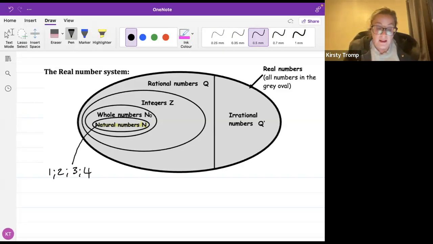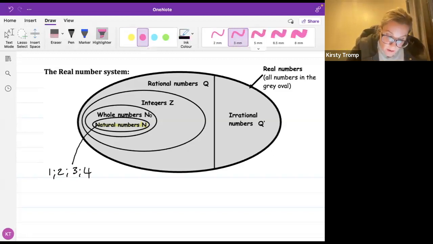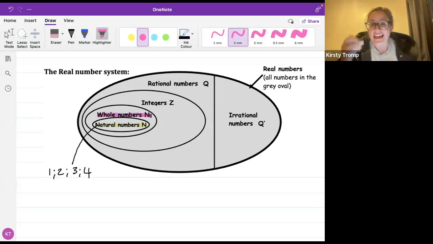Then you'll see that my next circle goes around whole numbers, and the symbol for whole numbers has N-O. How do I remember that whole numbers has the 0 in it?